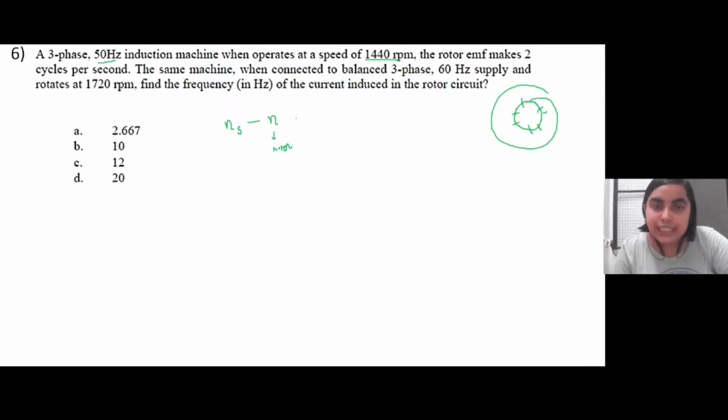The induced EMF frequency is given by 120 f by p, where this is the net difference in the stator and rotor speed. This frequency is the frequency of the induced voltage or current, whatever it may be.